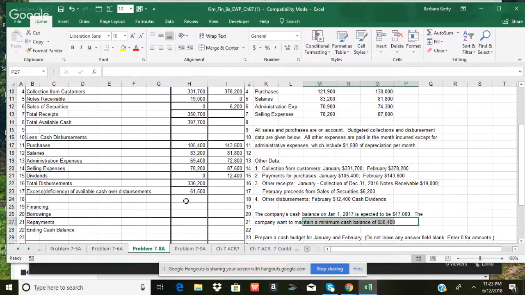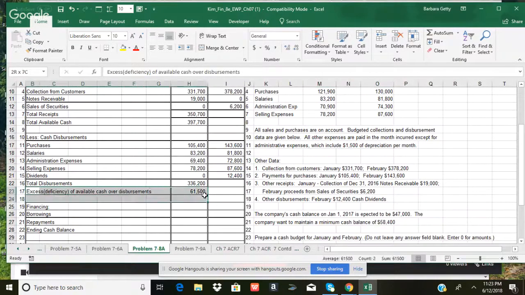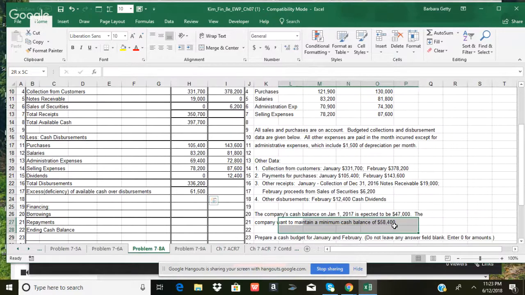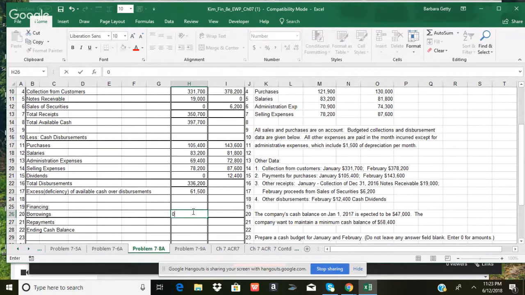So when we found our excess balance, we see that it's $61,500, which is more than what our minimum is of $58,400. So under finance, we don't have to borrow anything because we have the amount of money needed.